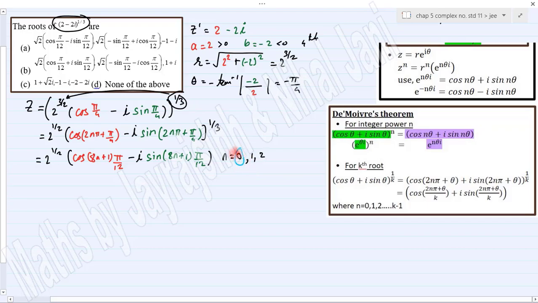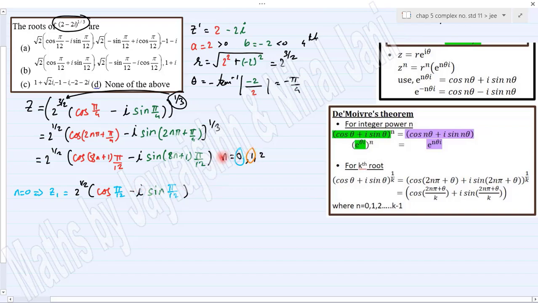Now, first of all, for n equal to 0, your first root will be 2 raised to 1 by 2 cos of 0 plus 1 into pi by 12, or we can say pi by 12, minus i times sin pi by 12, is your first root.